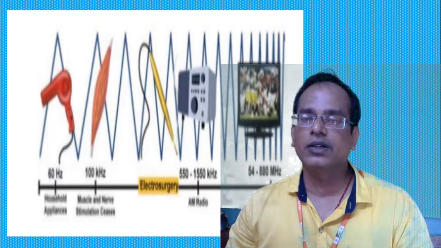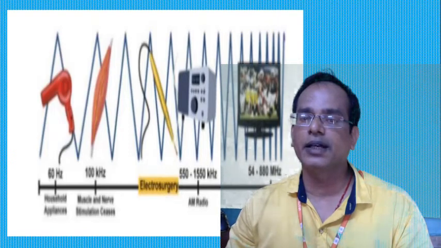Electrocautery is a process in which a direct current is passed through a resistant metal wire electrode which generates heat. The heated electrode is then applied to living tissues to achieve hemostasis or varying degrees of tissue destruction.